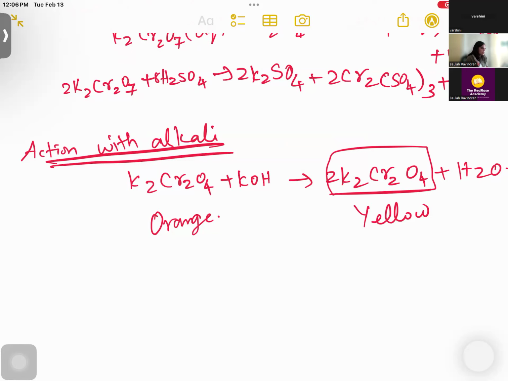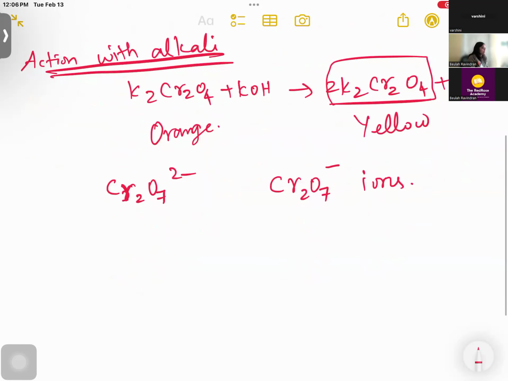So in dichromate solution, you can take it like this: CrO4 2 minus is in equilibrium with Cr2O7 2 minus. How can you say it?